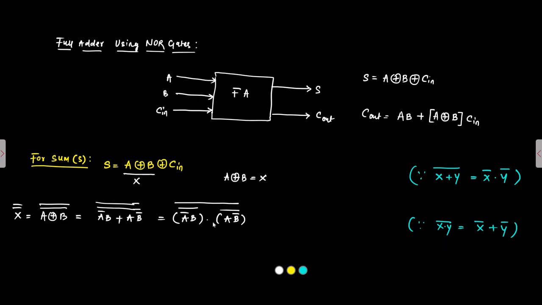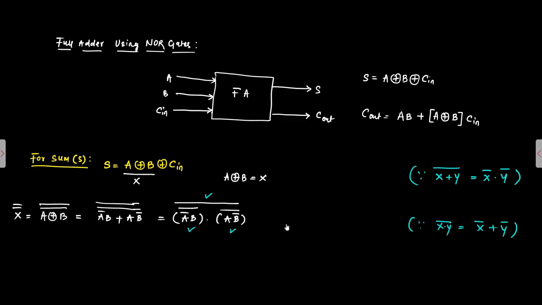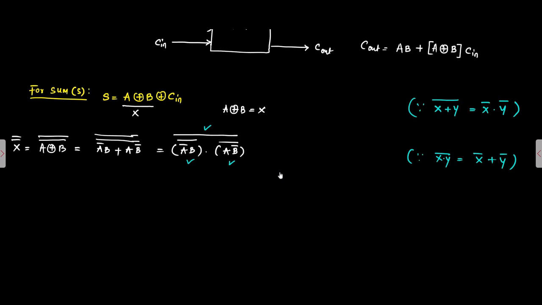See here, there is AND, and this is AND. So we can apply this second De Morgan's theorem to this one and the entire whole complement. Okay, so how we'll do this?